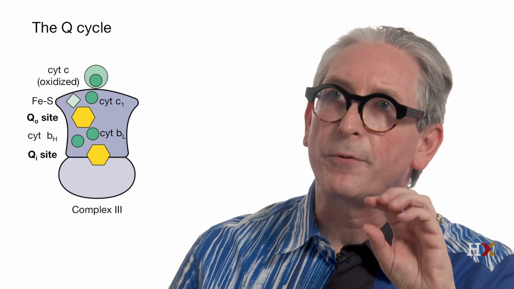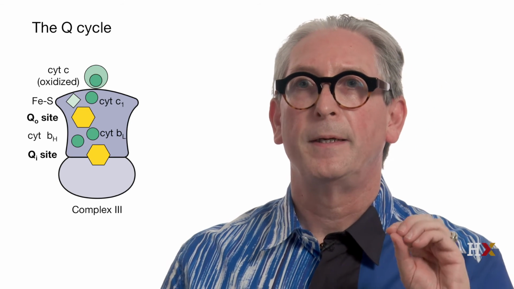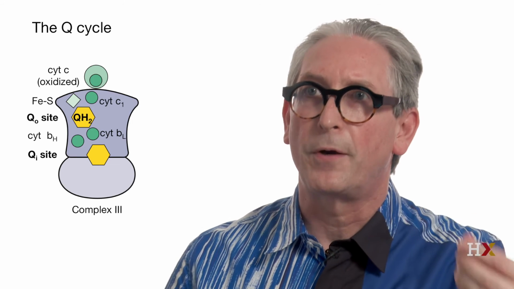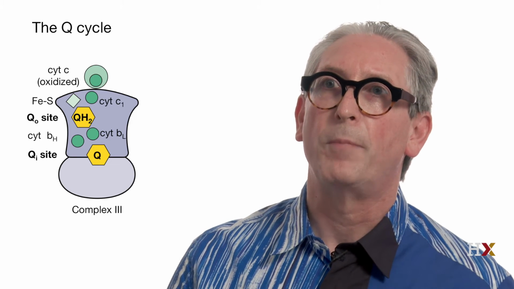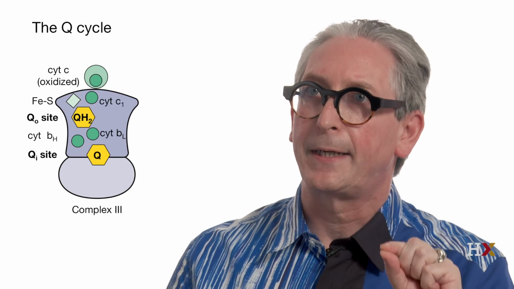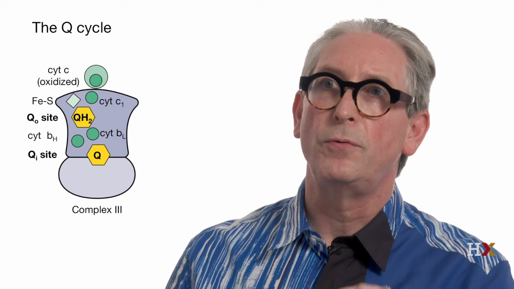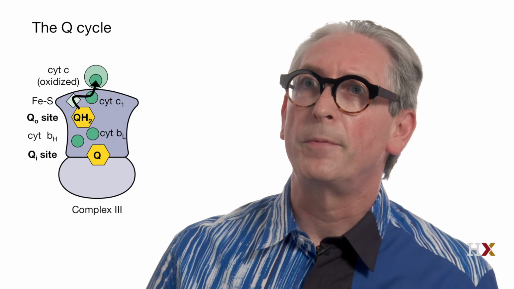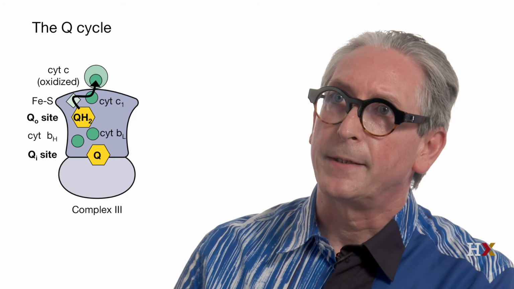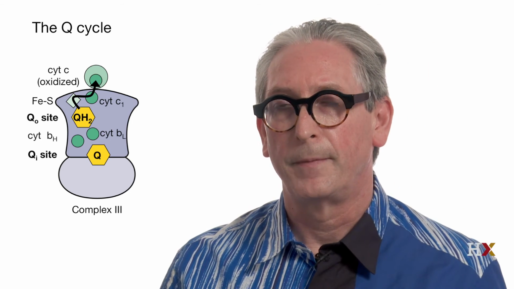Its Qo site is occupied by ubiquinol, the fully reduced coenzyme Q, QH2, and its Qi site is occupied by a fully oxidized molecule of coenzyme Q. 1 electron from QH2 on Qo will be transferred to cytochrome C via an iron-sulfur center and then the heme from cytochrome C1.